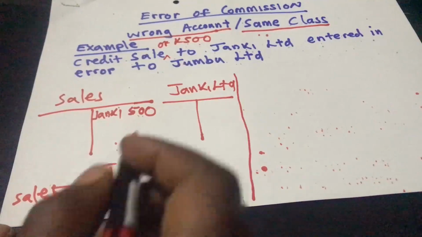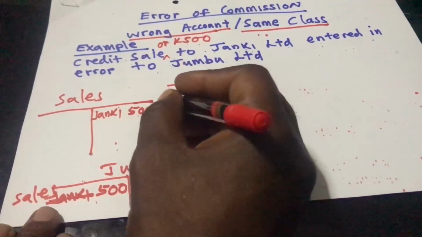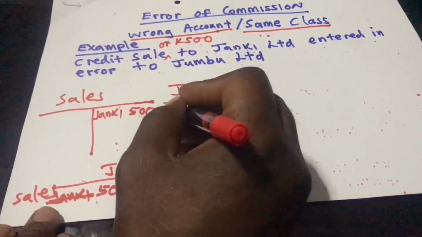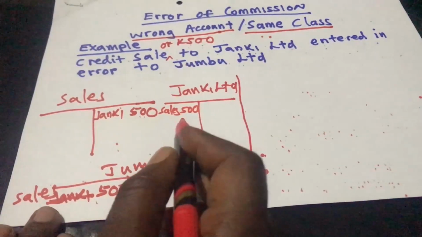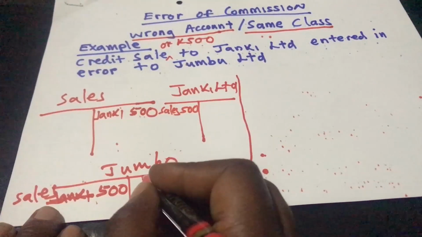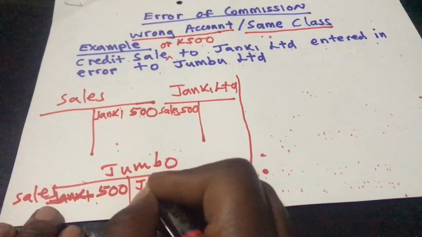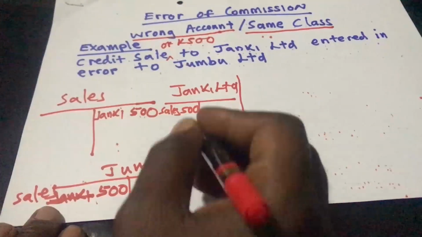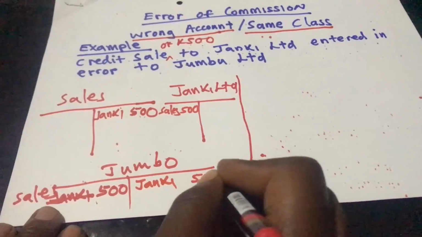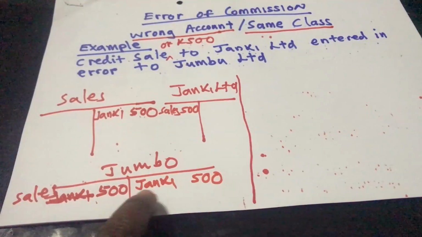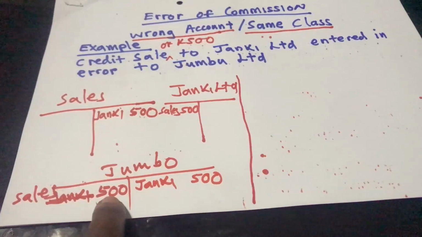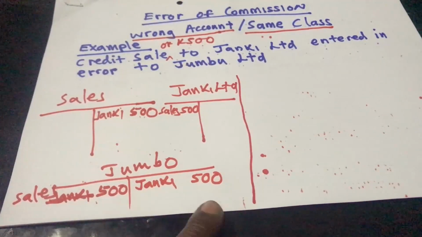Okay. So what we are going to do is we are going to write it correctly in Junkie here. 500 will debit, but will come and credit here, okay, with a 500 in Jumbo. So what has happened now is this 500 is cancelling this 500, so this error is cancelled.